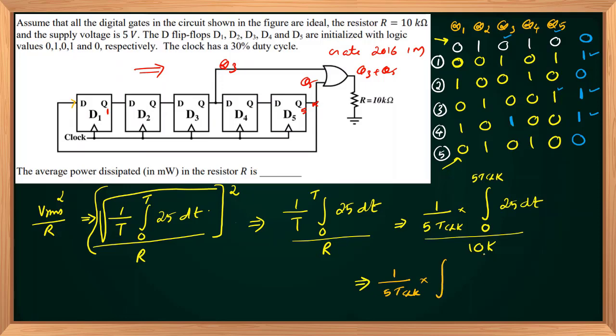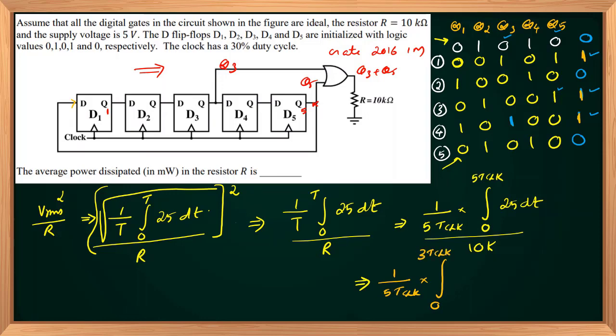Out of 5 T clock, the voltage waveform is at logic 1 for 3 clock cycles. In all other cases, it's at logic 0. So you can integrate for 3 clock cycles, 3 T clock.